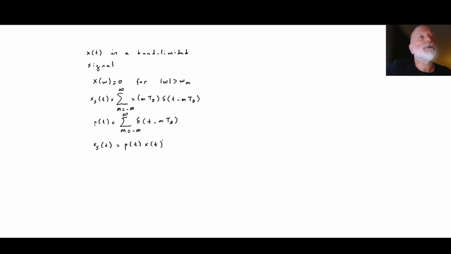Now remember the statement of the Shannon sampling theorem. If omega s, which is 2 pi divided by Ts, is greater than 2 omega m. Remember, Ts is called the sampling period and omega s is called the sampling frequency.